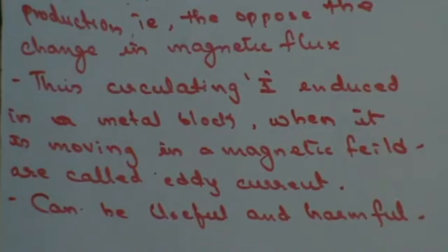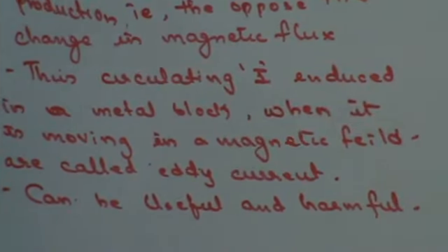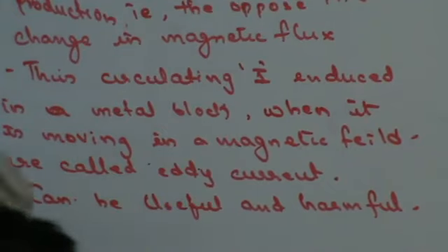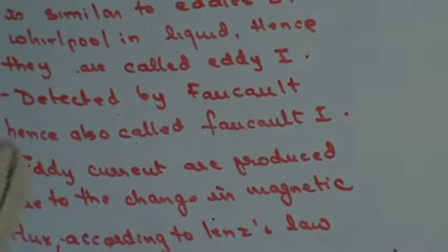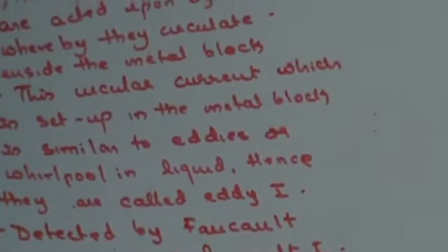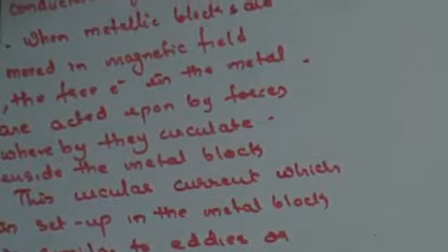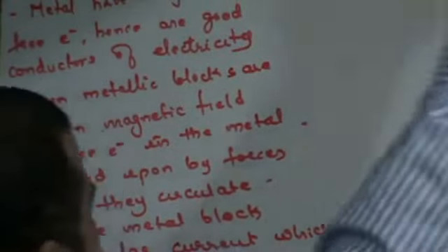That is the reason why the core of the transformer is made up of multiple metallic strips, which are coated with insulating material, so as to avoid excessive loss of energy. That's the reason why you have multiple laminated sheets joined together to form the core of the transformer.